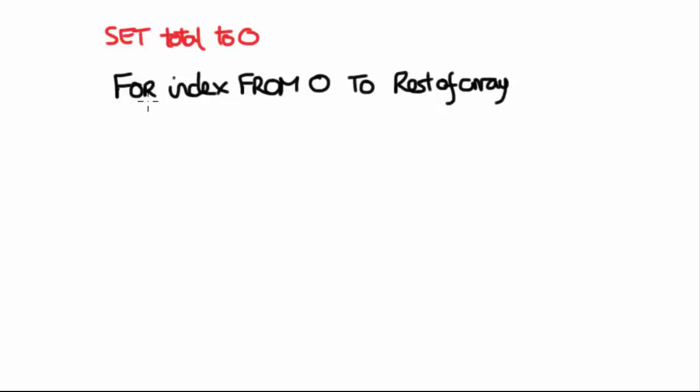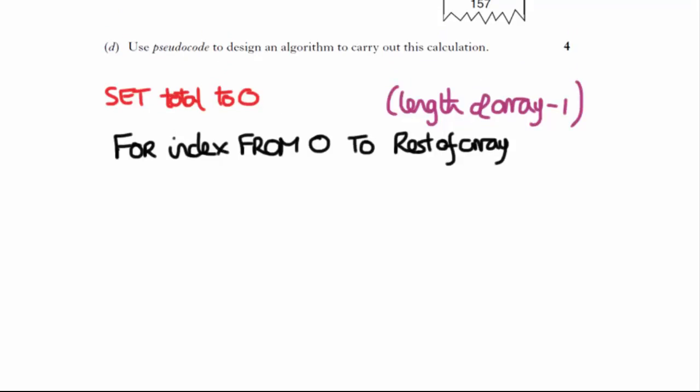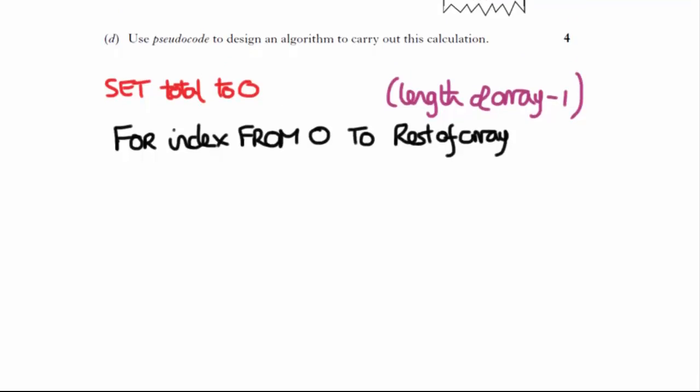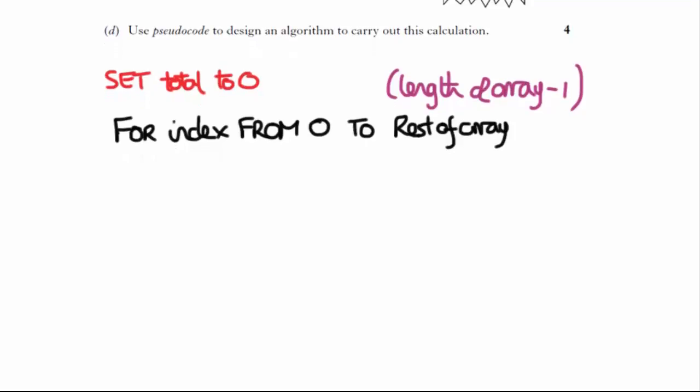If you're not happy with writing it like that, you could even say length of array minus 1, because, for example, if the length of the array is 96, then minus 1, it'll be 0 to 95, okay?